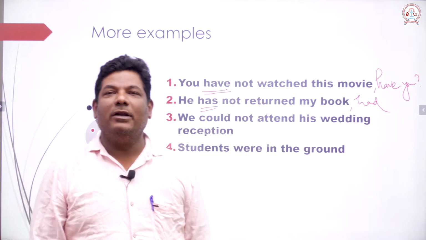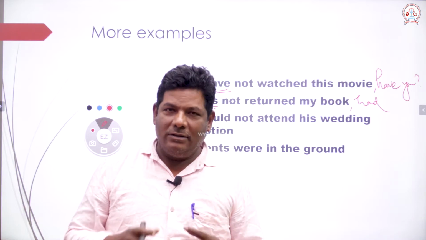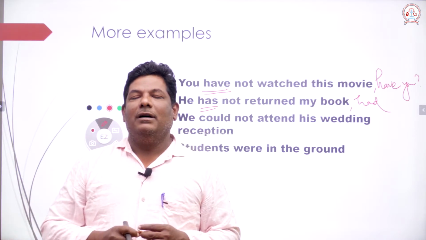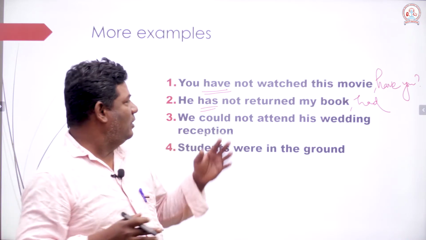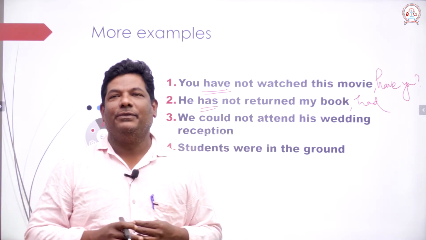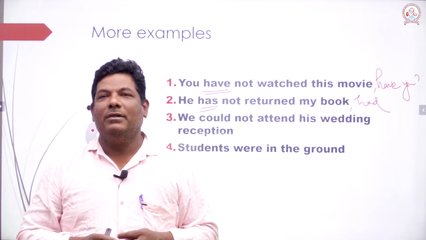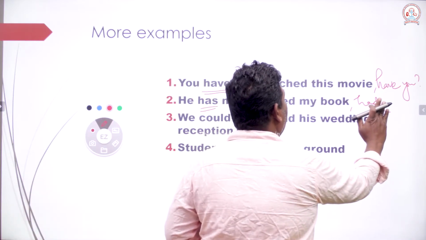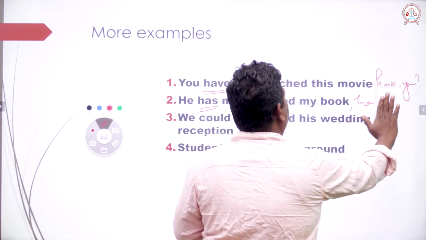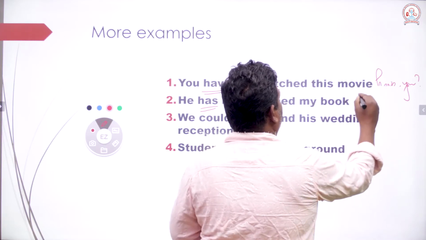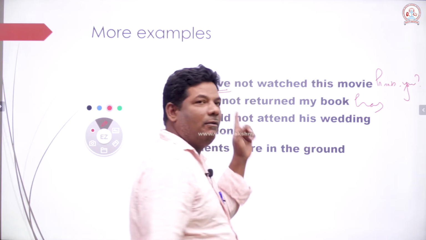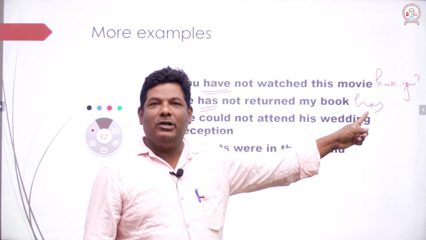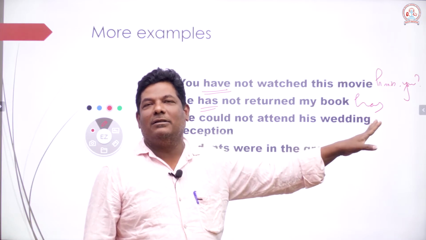Some students try to think beyond boundaries and try to change has into had. No, never change it. If it is has, we must write only has. We should not change it into had or anything else.